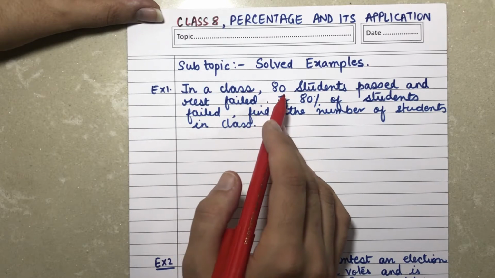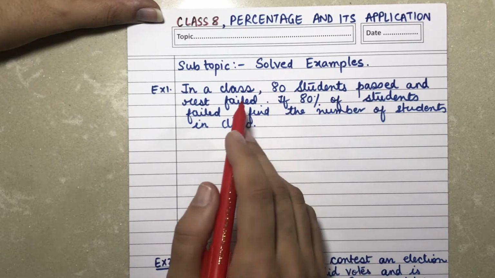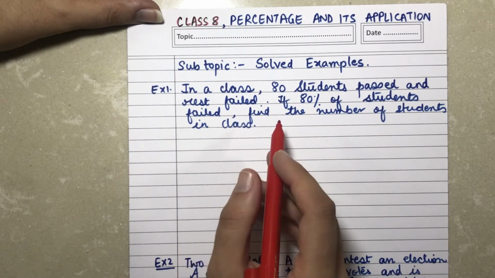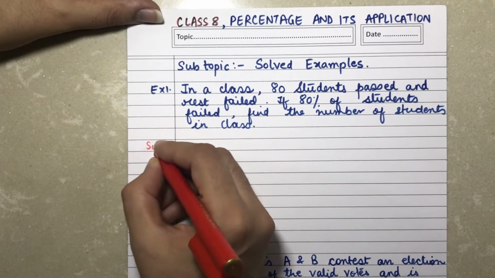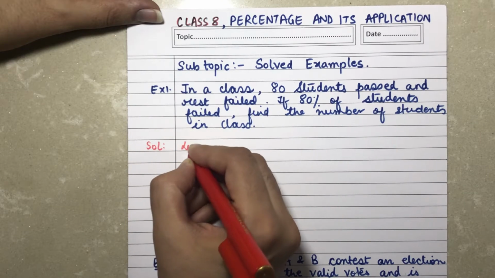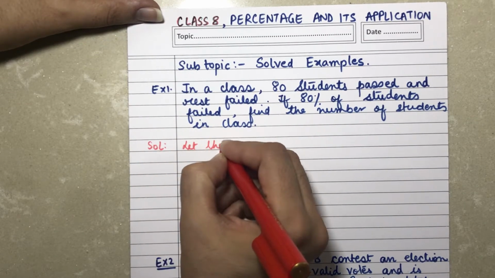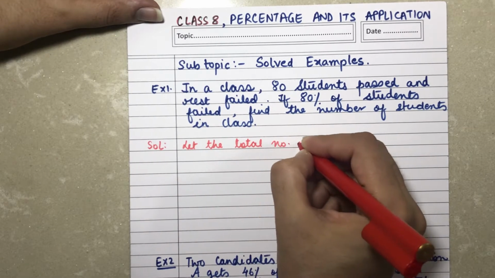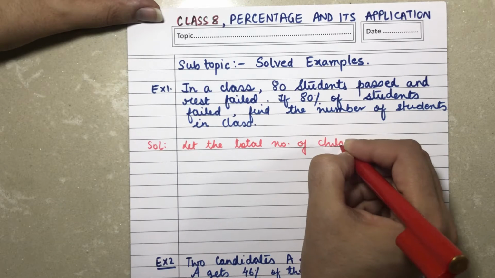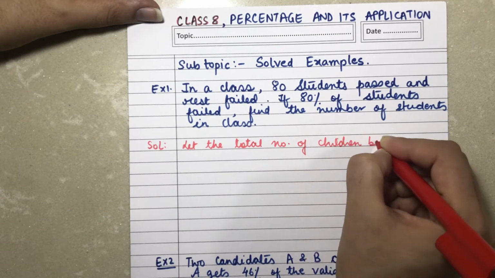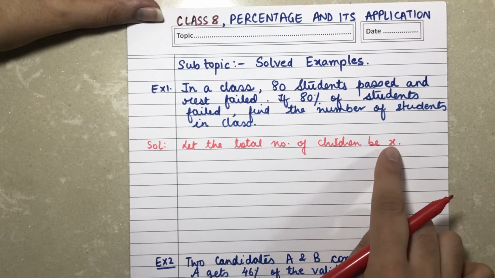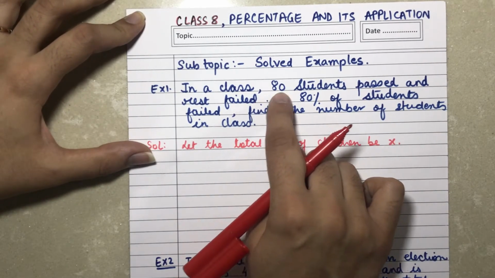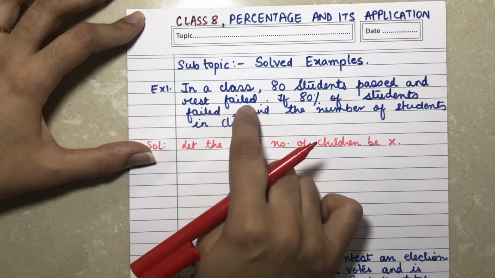So the first thing that we are going to do is let the total number of children be x.